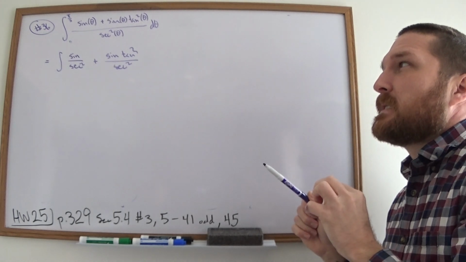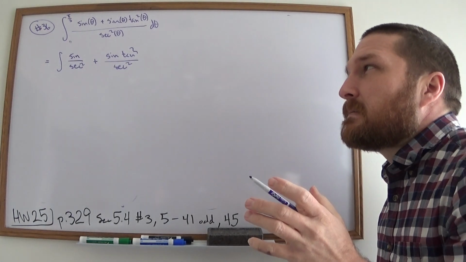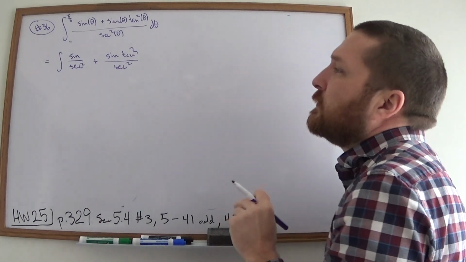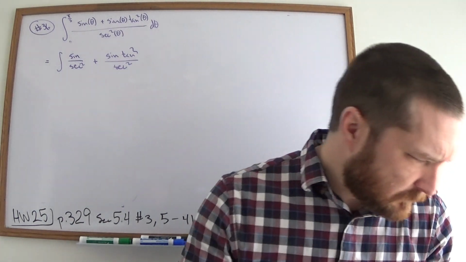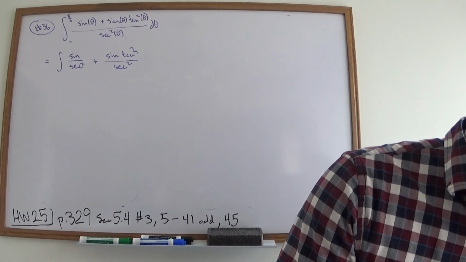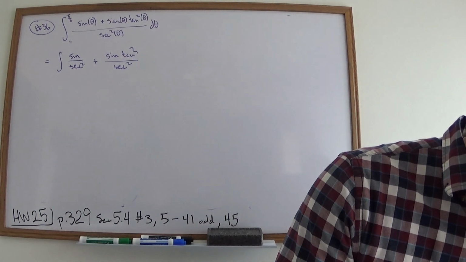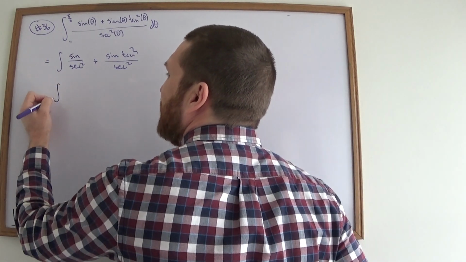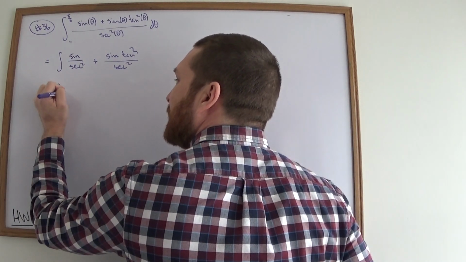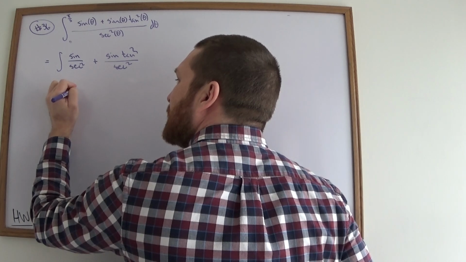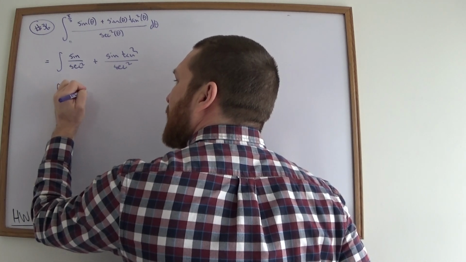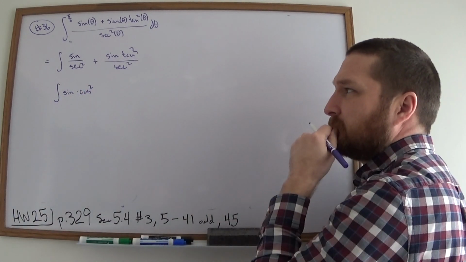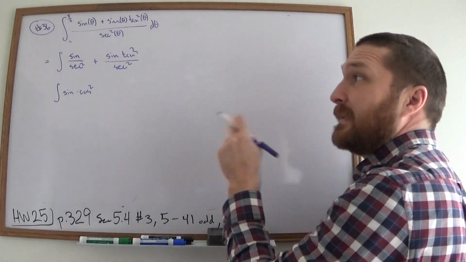Now I'm looking at secant squared sine, and this is looking pretty dire. But tan squared is sine squared over cosine squared, so we could get one of the tangents to cancel in the second one, because secant squared is 1 over cosine squared.